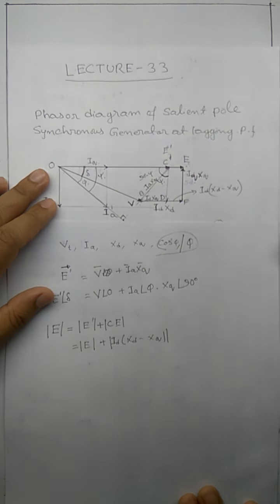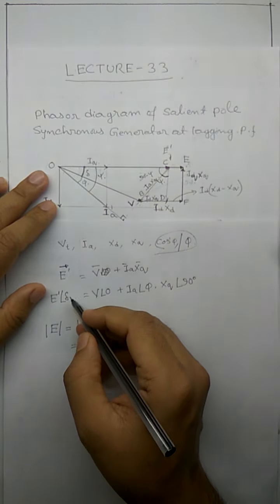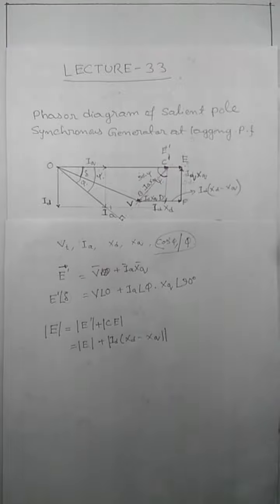We will find magnitude only. This will be the magnitude of E, and the angle we have already found out here. So it will be a two-stage process of finding this E, the induced EMF. We cannot directly find the value of E. There is another way of directly finding E, but that will be quite cumbersome. We will not do that. We will follow this method of solving.